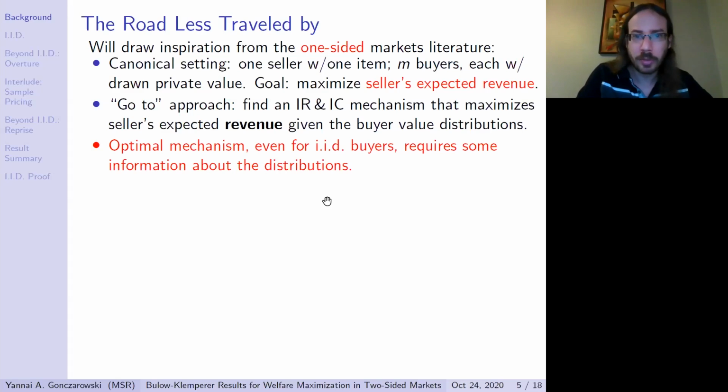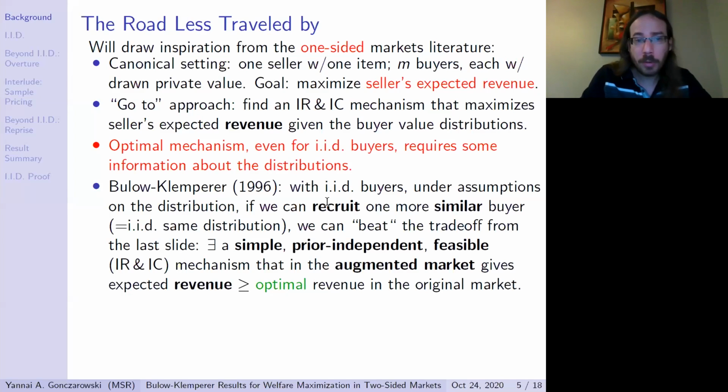It's not constrained because the seller does not have any cost to part with the item. It maximizes the seller's expected revenue given the buyer value distributions. And here the optimal mechanism, very similarly, even for IID bidders, requires information about the distributions and has similar problems.